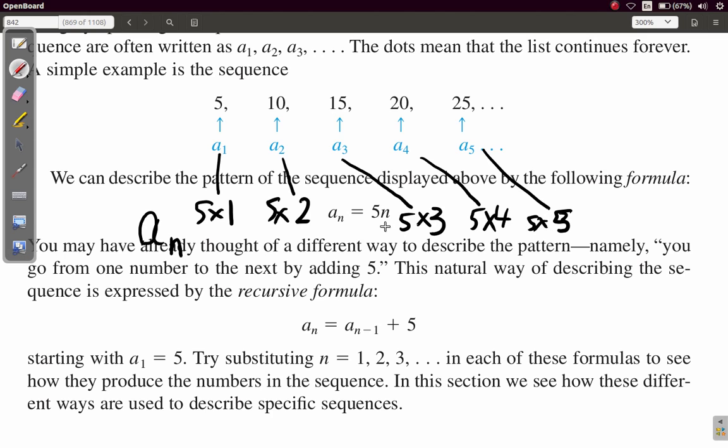So the formula that governs this sequence here is 5 times n. So they write it here, an equals 5n. It means the number in the nth position is 5 times n, whatever n is. Alright?